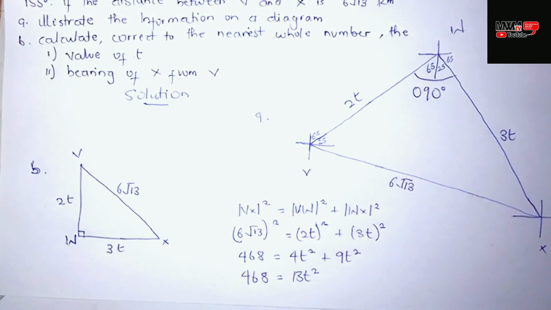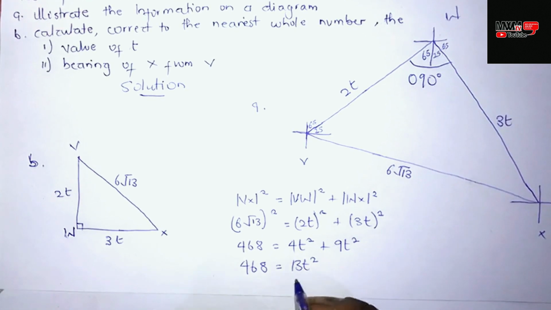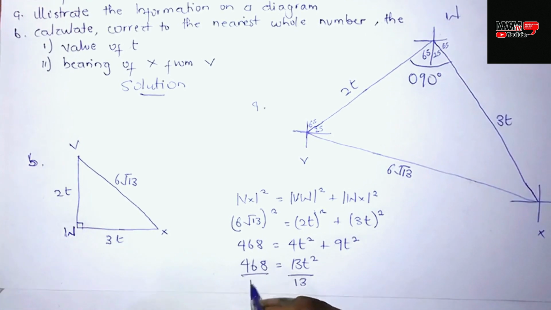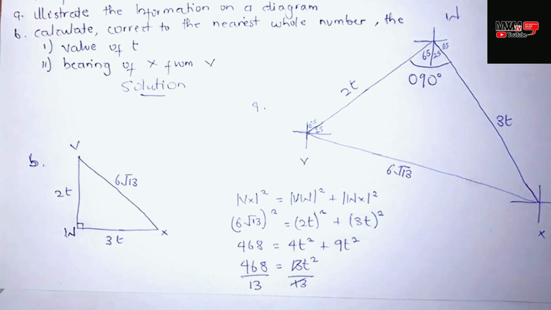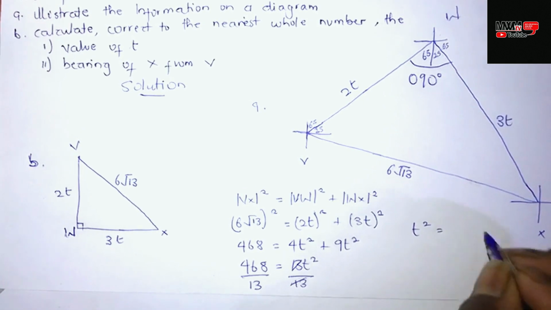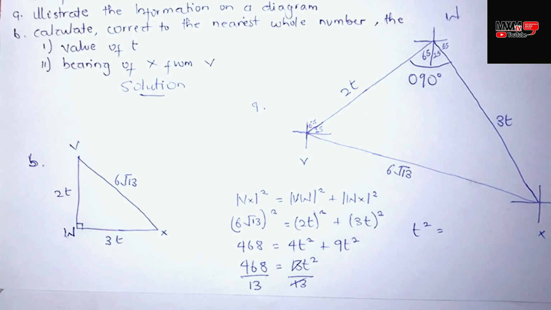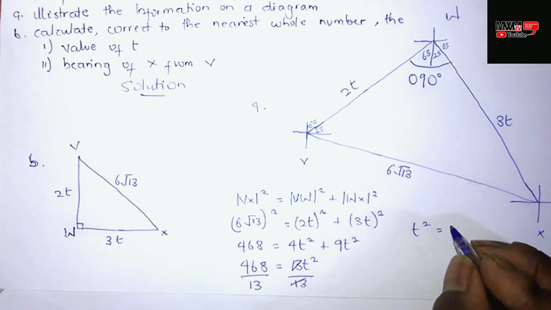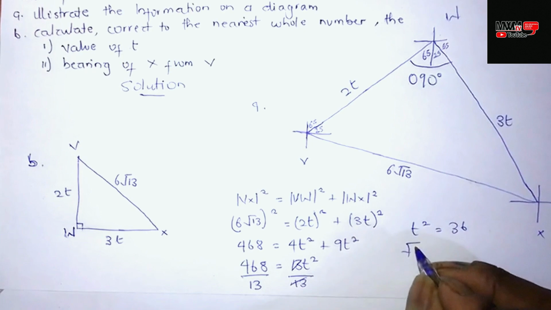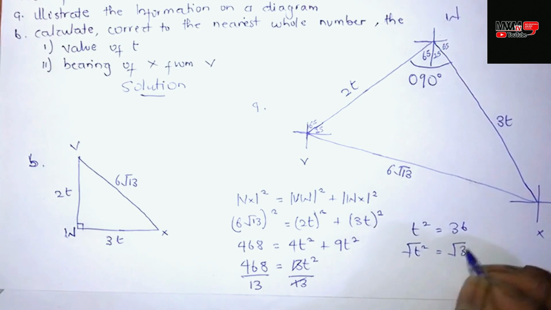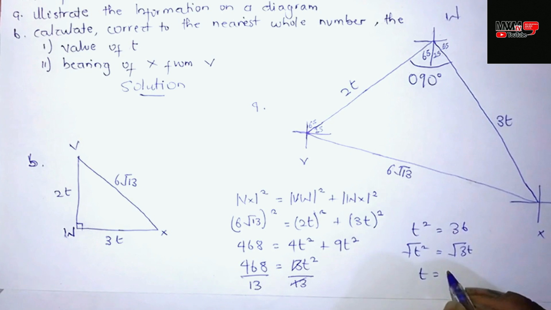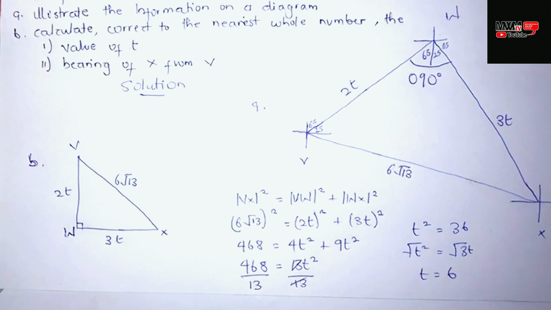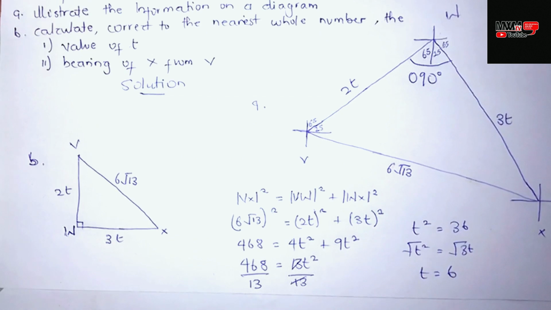My target is the t. So from here, I divide both sides of the equation by 13, and I'm going to get t squared equal to 468 divided by 13, which gives 36. Take the square root on both sides, and the t is going to give me 6. So that answers the question that we are asked to find the value of t. Therefore t is equal to 6.